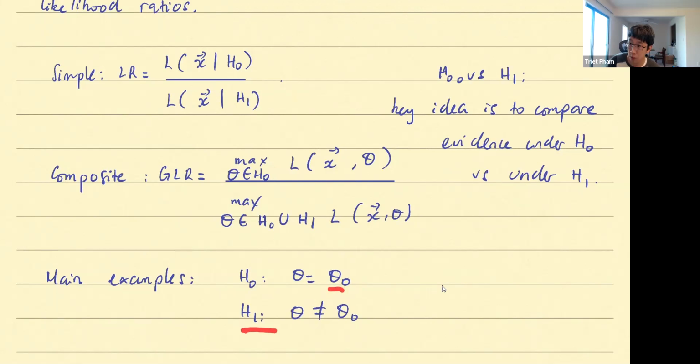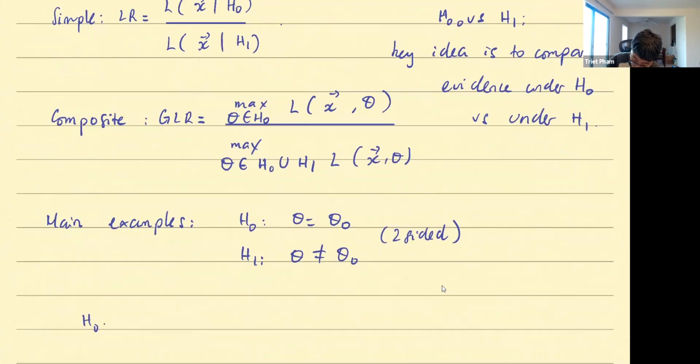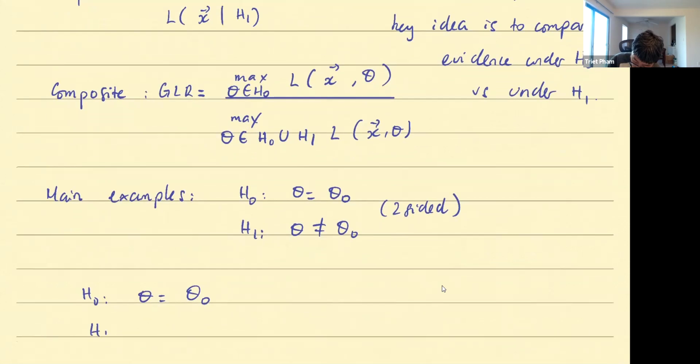It's only the alternative that's composite. This is called a two-sided test. The other one would be one-sided. These are the main examples we'll look at for the composite hypothesis.